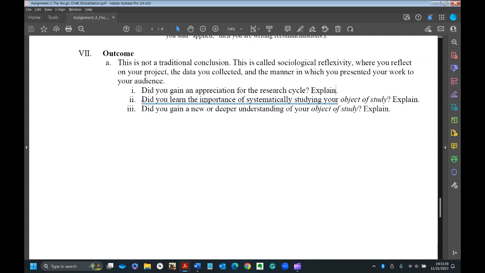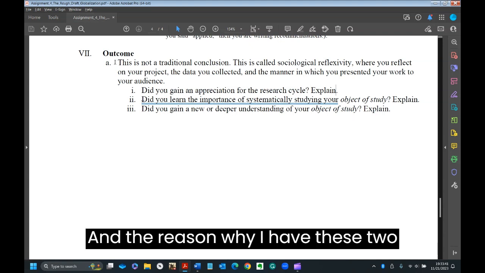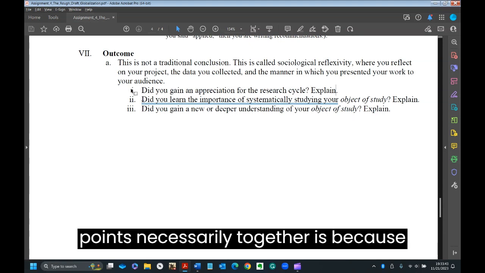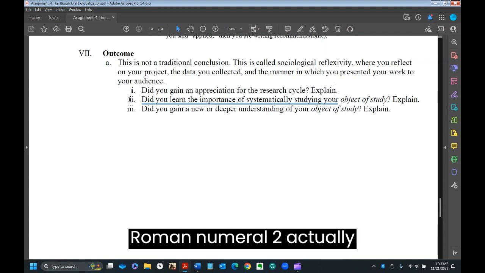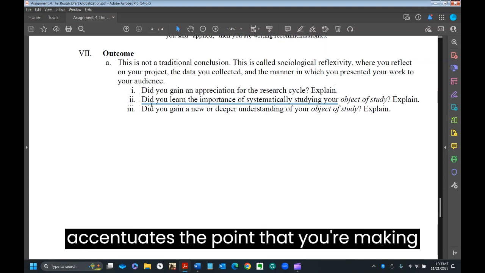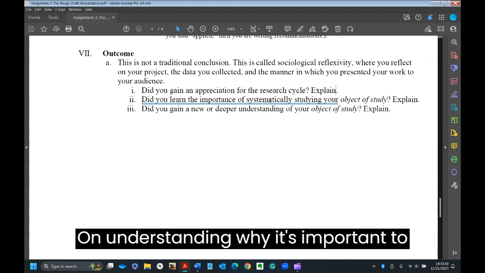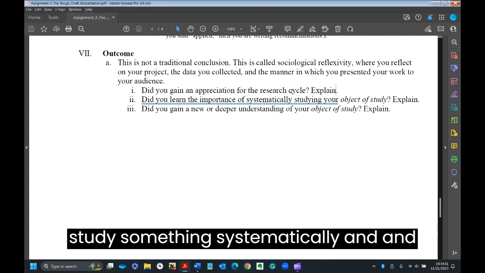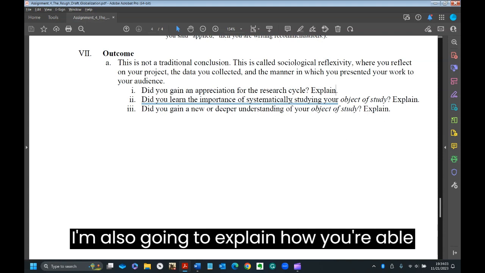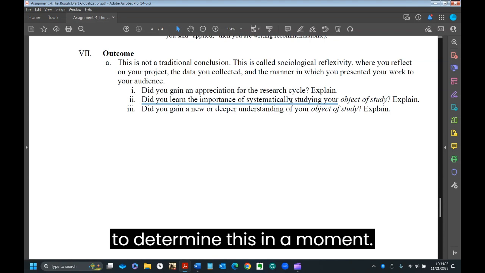The reason why I have these two points together is because Roman numeral 2 actually accentuates the point that you're making in Roman numeral 1. Okay. And then once you've written on understanding why it's important to study something systematically, I'm also going to explain how you're able to determine this in a moment.